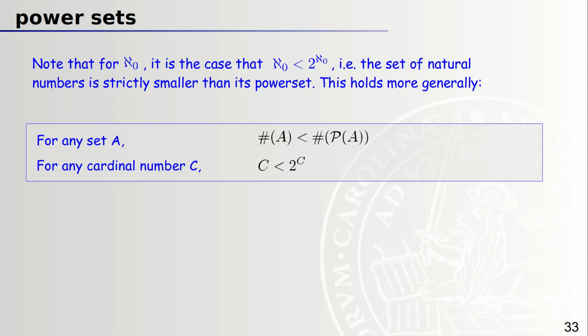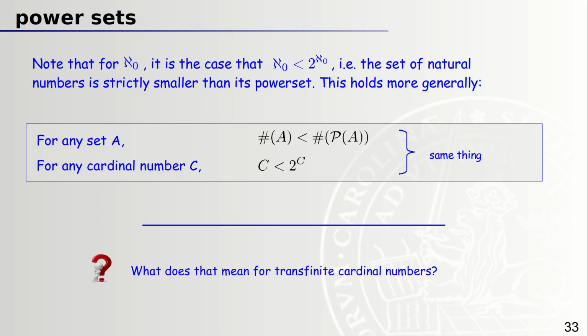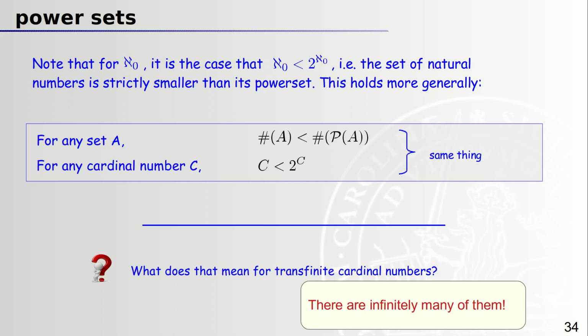The cardinality of any set is always strictly smaller than that of its power set. Or equivalently, for any cardinal number C, finite or transfinite, C is always smaller than 2 to the C. What does that mean for transfinite cardinal numbers? Well, it means there are infinitely many of them.